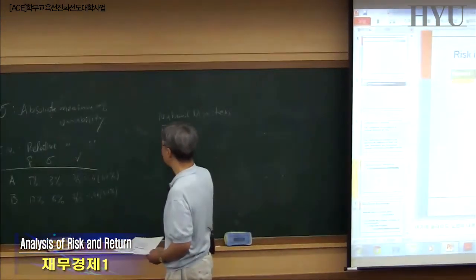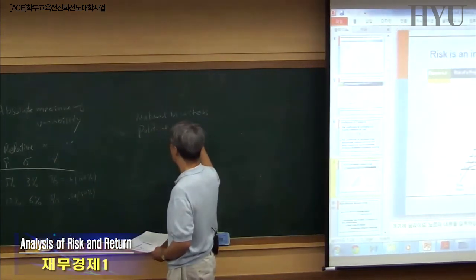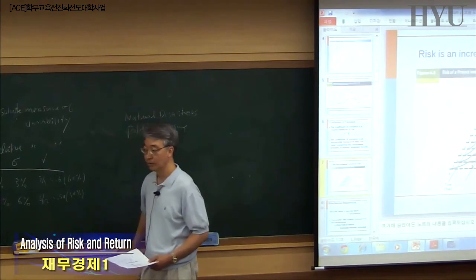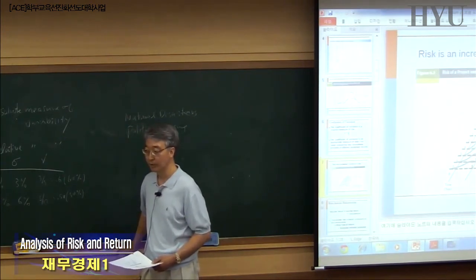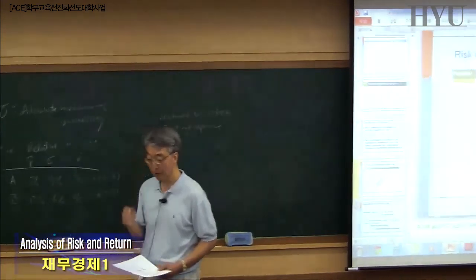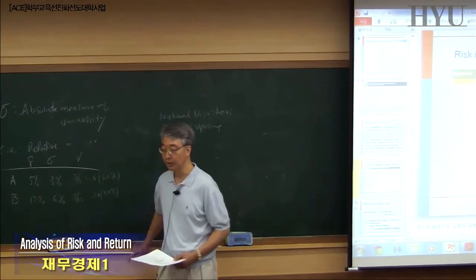How about political uprising? Basically war or civil war or conflict or terrorism or all kinds of things, right? You know how much devastating effect 9/11 had on the U.S. economy and the entire world economy, okay?